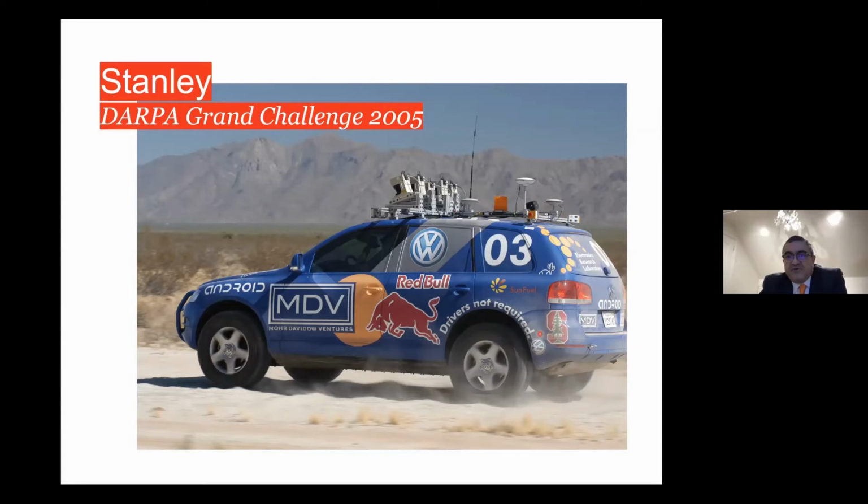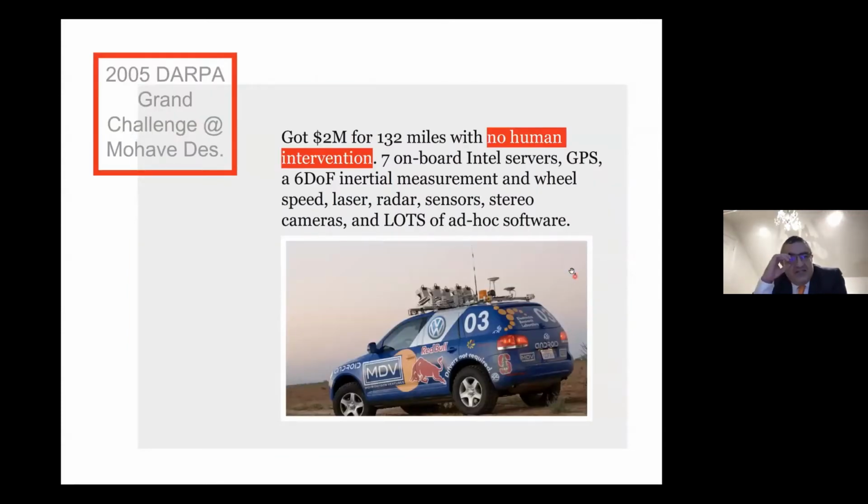And this is the photograph of a vehicle manufactured by Stanford with, as you can tell, a number of sponsors. And in 2005, they won the first DARPA Grand Challenge contest. So that's the first time an autonomous vehicle got the $2 million for going 132 miles with no human intervention.